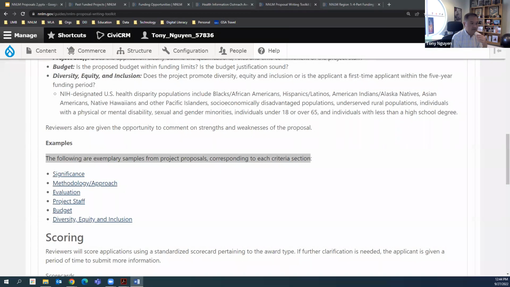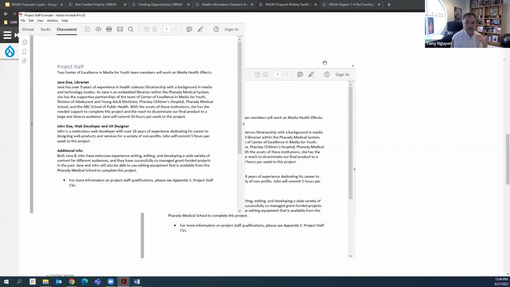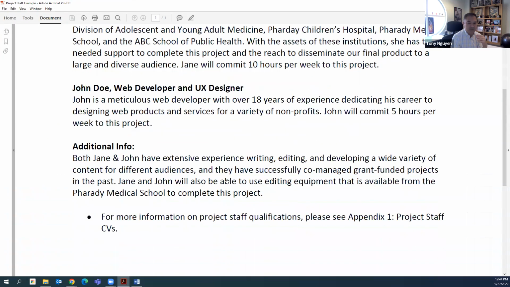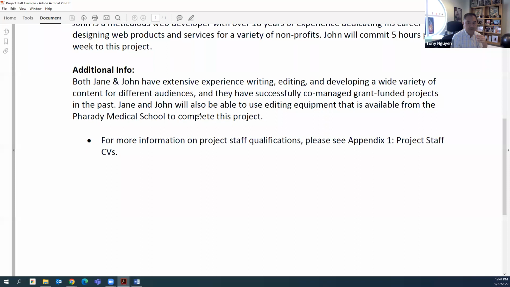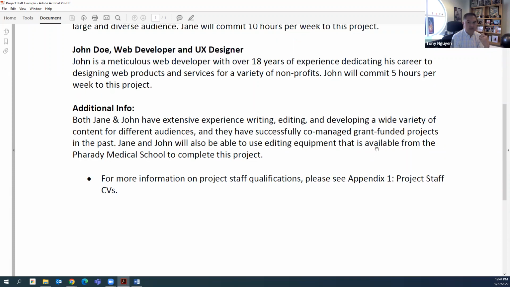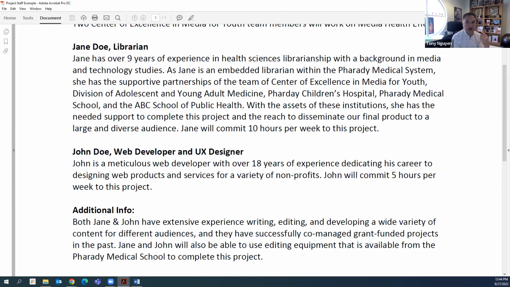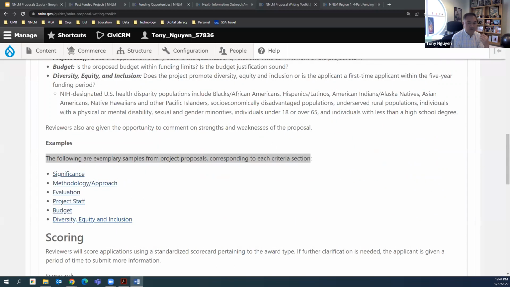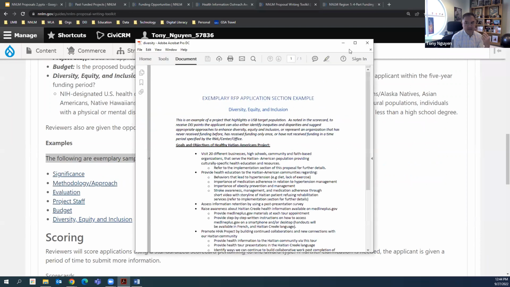And then you'll see also project staff as an example. Some of the detail that's involved there, you can get some examples of the additional information about their extensive qualifications that could be identified in their CV, right? So this is something that we are looking for to make sure that if we give you some money, you'll be able to really accomplish that project without many issues.